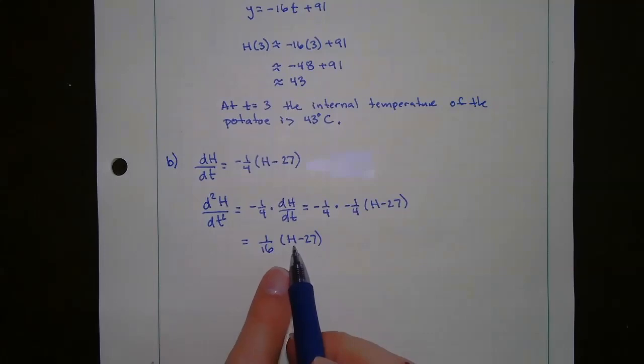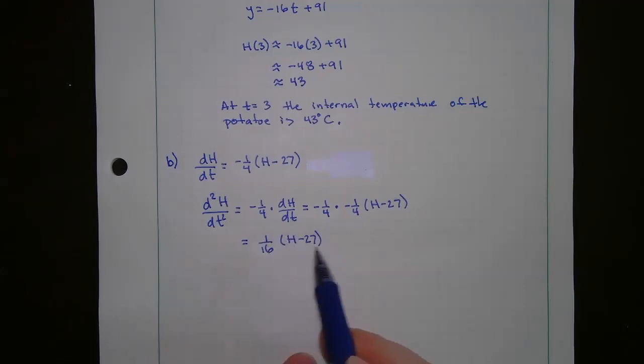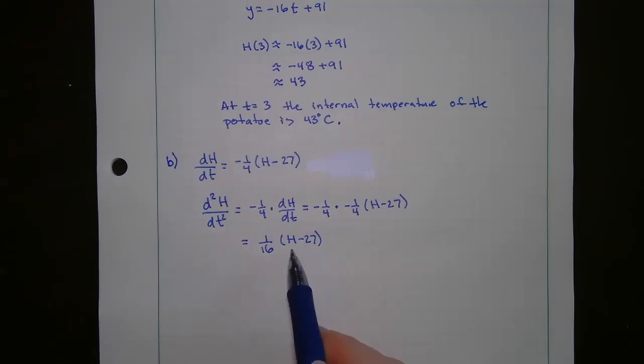If h is bigger than 27, this is always going to be positive, and 1/16 is positive too. But if h is under 27, then it's going to be negative. So what was it at 3?